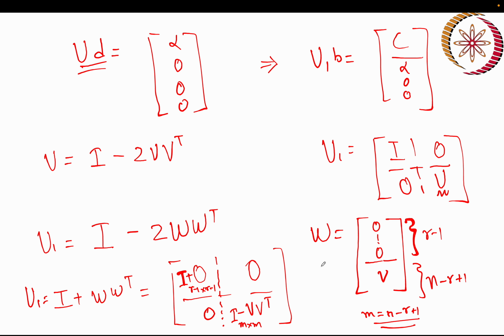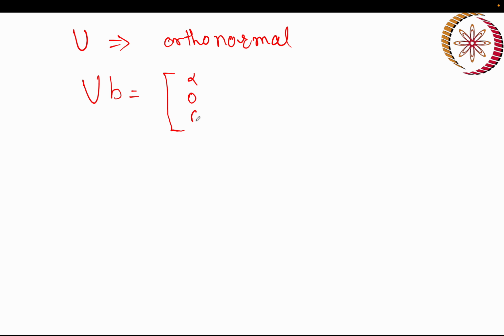So you can see that if u is an orthonormal matrix, even if you do this transformation, the magnitude should not have changed. So magnitude of d should be alpha. We'll see it here. So u is orthonormal, so ud is equal to alpha 0 0 0.